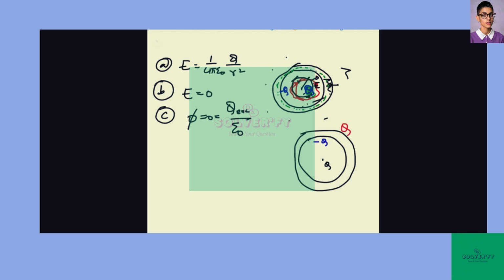And because this is spherical, the charge will distribute itself uniformly over its surface. And because it's spherical, at any point outside the shell, it acts as if the whole charge has been concentrated at the center. Hence, at any point outside, the field is again 1 by 4 pi epsilon naught Q by r squared.